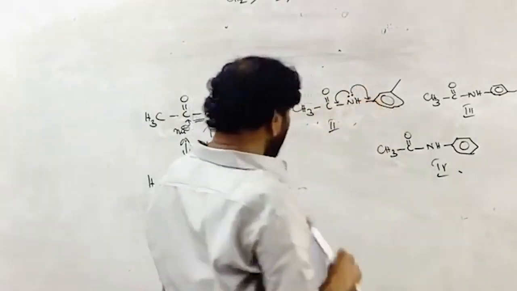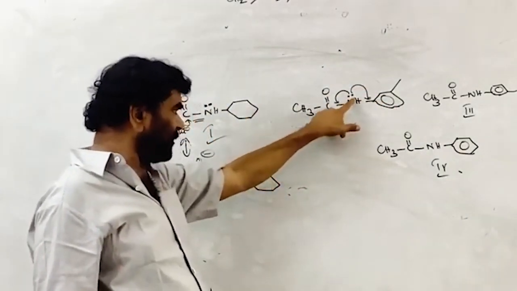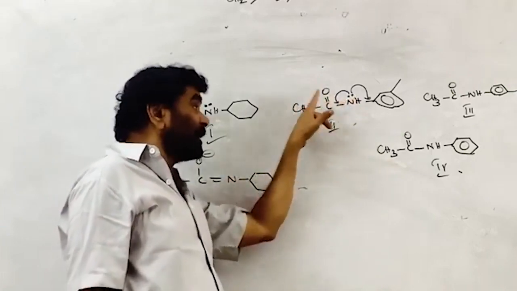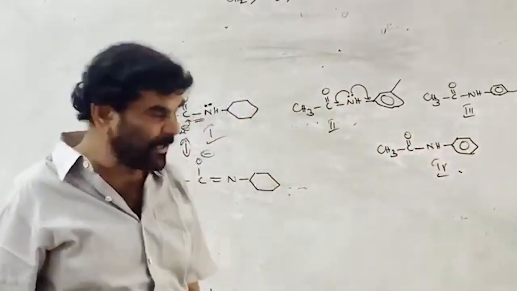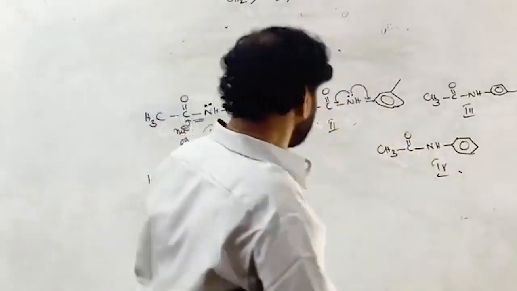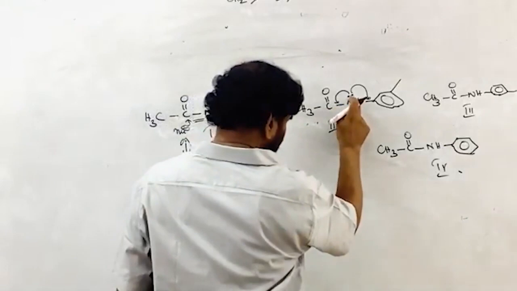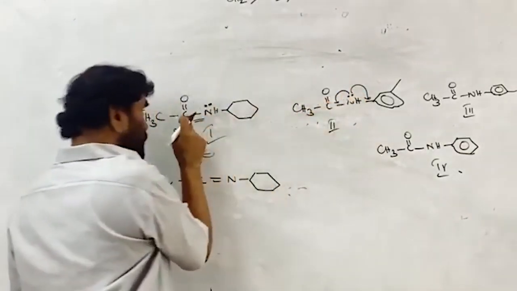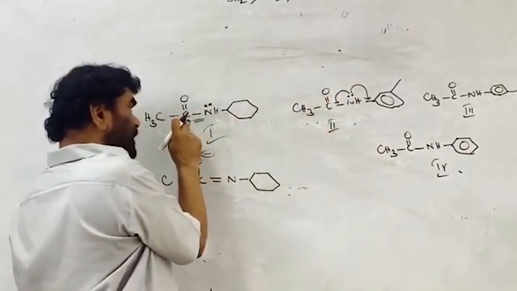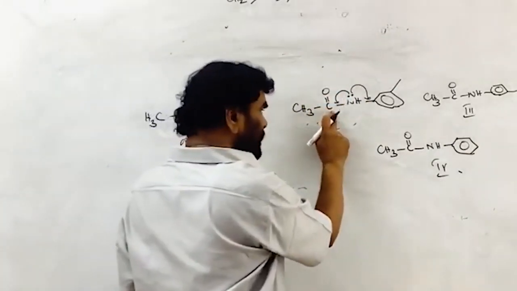Due to this, the involvement of the lone pair with the C double bond O is less, since the lone pair also has to be involved in resonance with the ring. Therefore here the resonance involvement with the C double bond O is less, here it is more. So the positive charge here is less, compared to this where the positive charge is a little more.